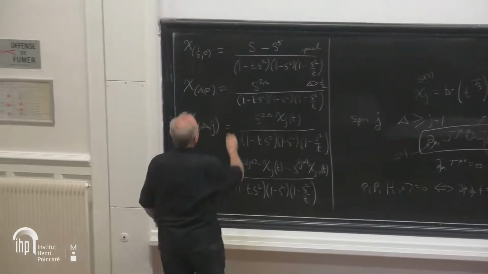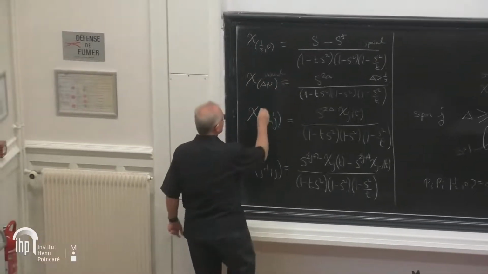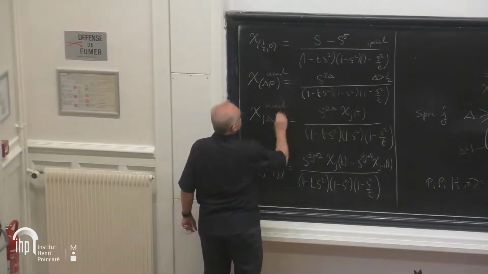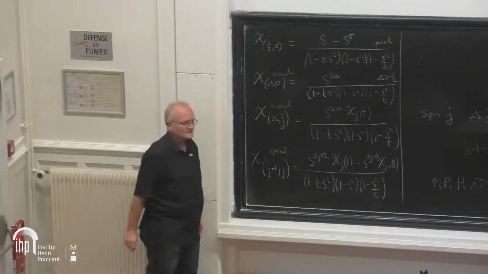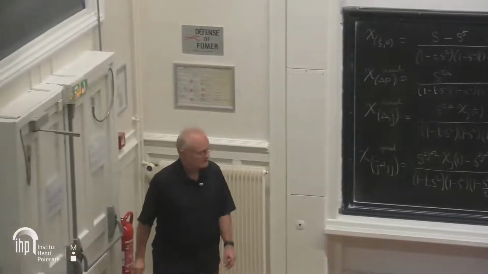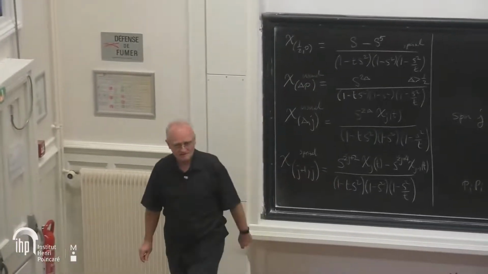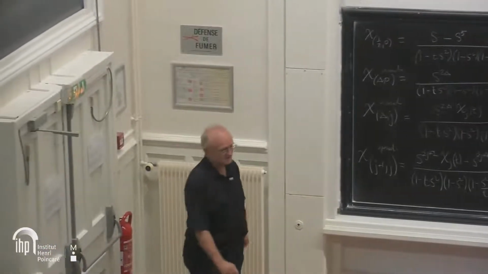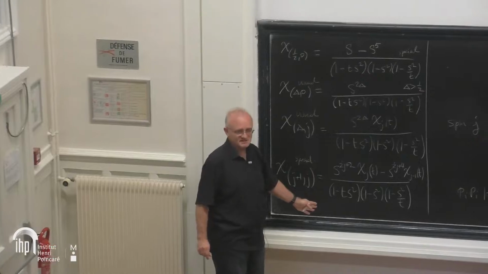This is usual. This is usual. And this is special. Generic, non-generic. The only characters that we are going to use are the non-generics. They're the only ones that appear at this level.